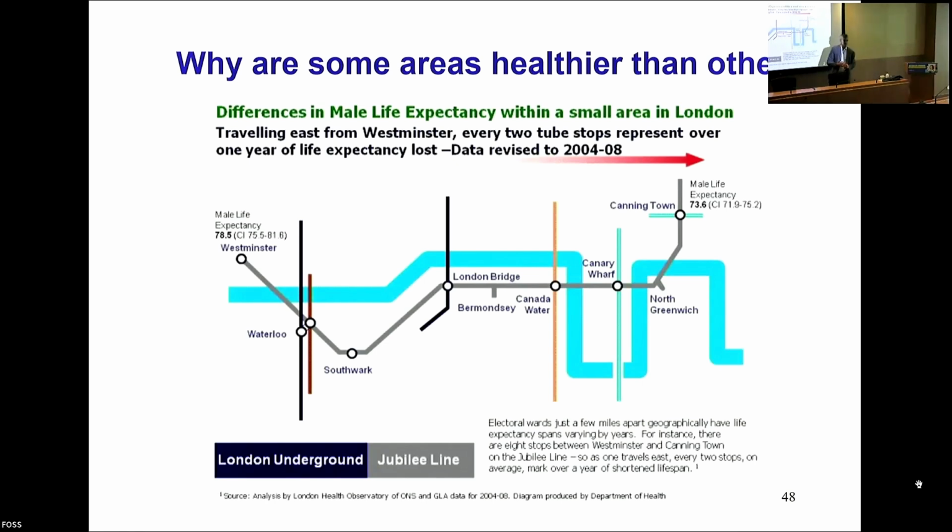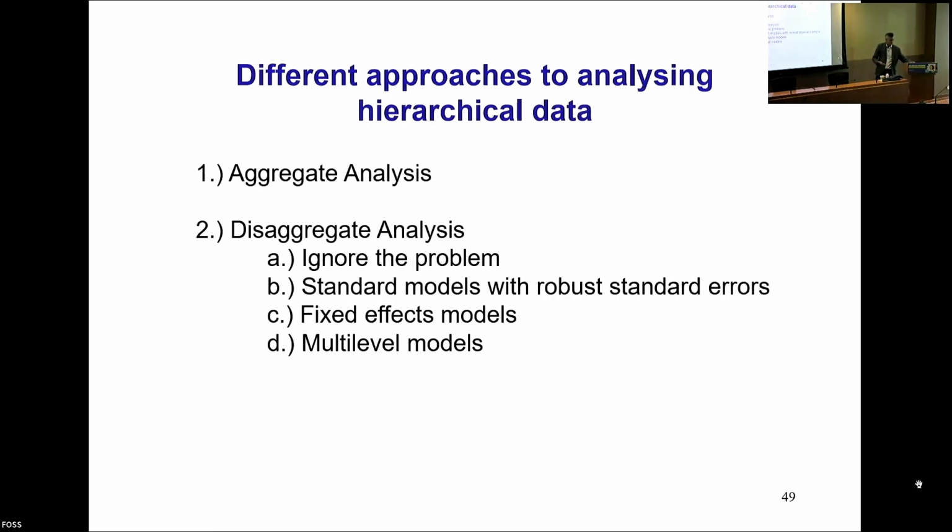So if you're interested in understanding why life expectancy here is much higher compared to here, just 5 or 6 MTR stops away, we have to look at not just the conditions in these tube stops, but also the characteristics of the individuals living in these different MTR places. So we have to run a multi-level analysis.